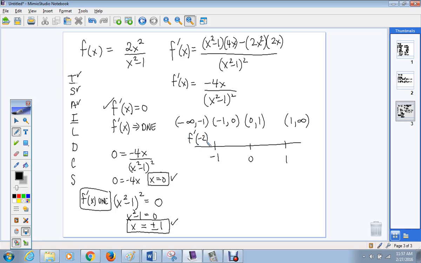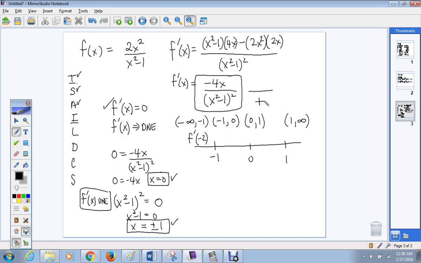So I'll take negative 2. Now I like to look at the derivative here, and I can see that no matter what I plug into the denominator is always going to be positive since it's being squared.